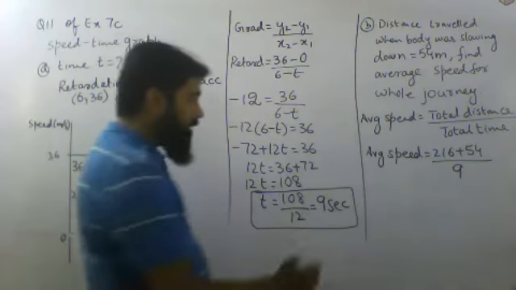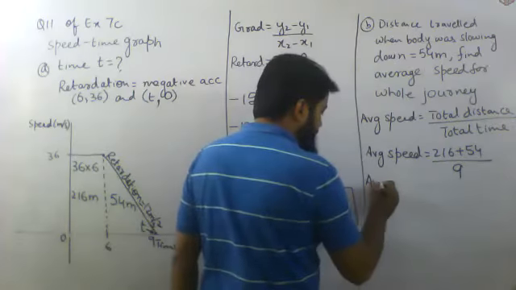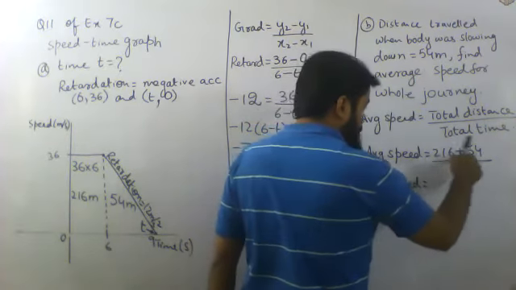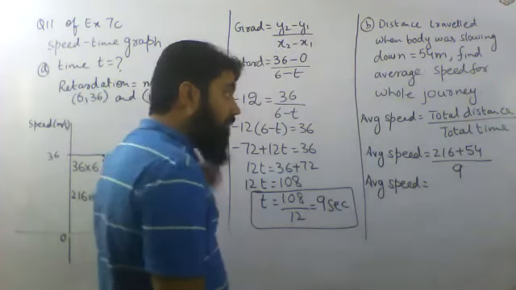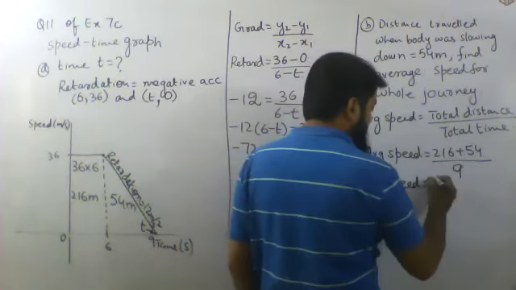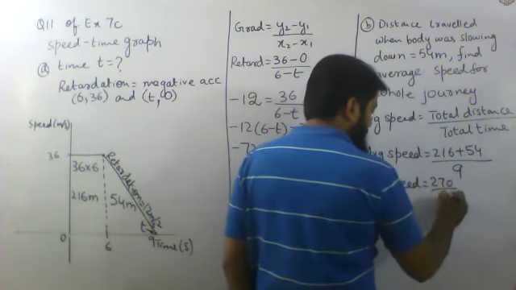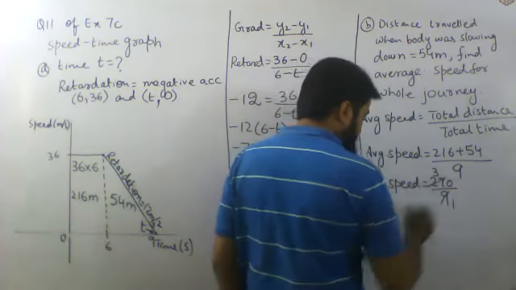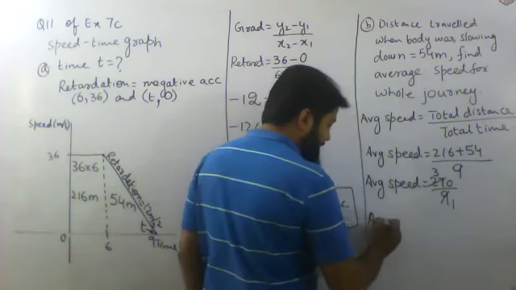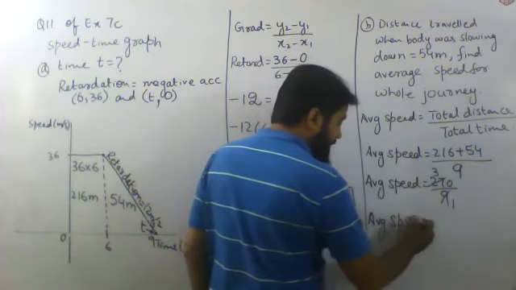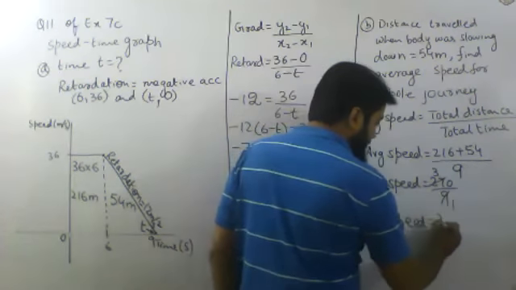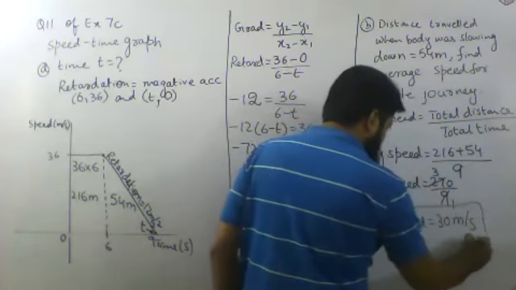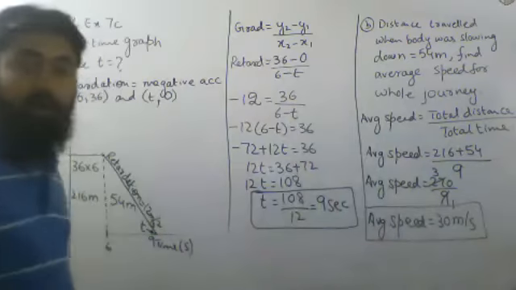When I simplify it, 216 plus 54 will become 270 over 9. 9 ones are 9, 9 threes are 27. So my average speed for the whole journey is 30 meters per second, and this is your answer for B part.